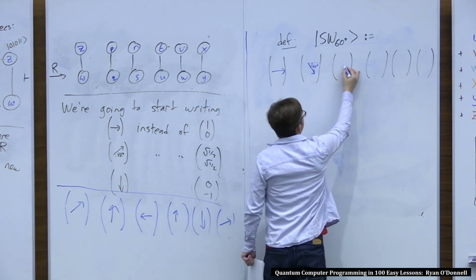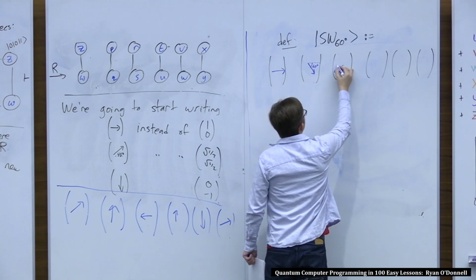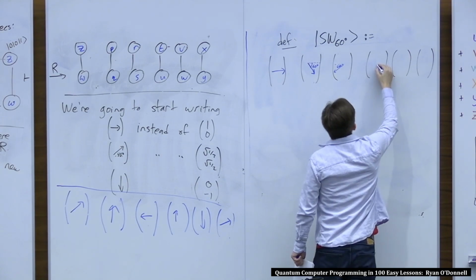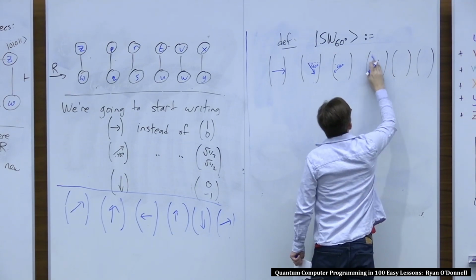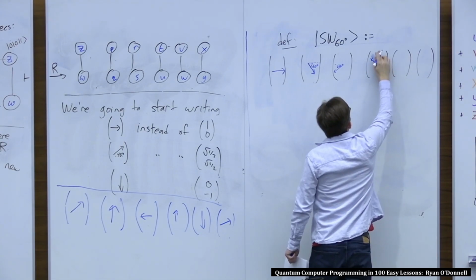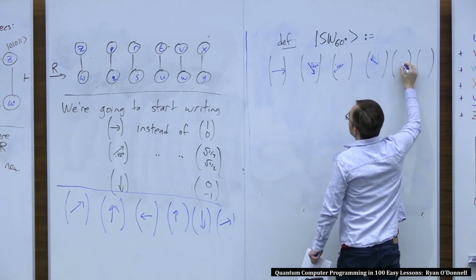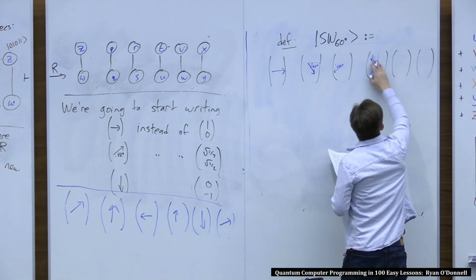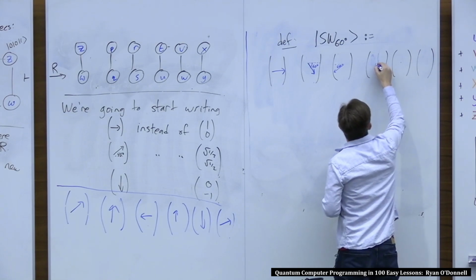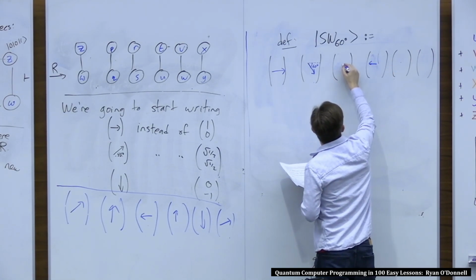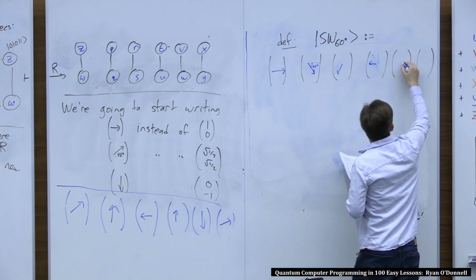And then the next one is down and to the left. This is also 60 degrees here. And then the next one is up and to the left. And then the next one is, wait a minute, hold on. Got it wrong already. Sorry, this one should be like this. OK, I'll draw it in a more clear way in a second.